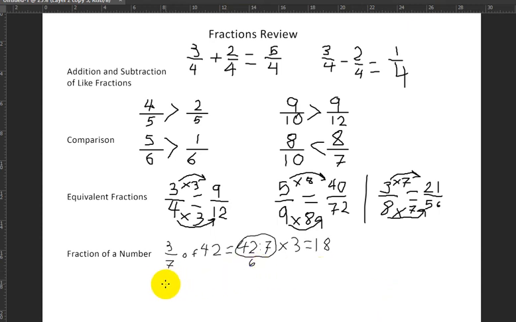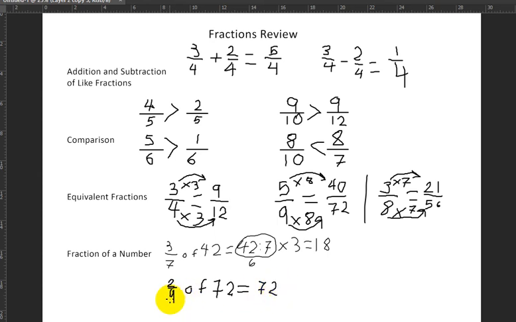Another example of this would be, let's say we need to find 2/9 of, let's say, 72. I take the big number, the number that's not in the fraction, 72.